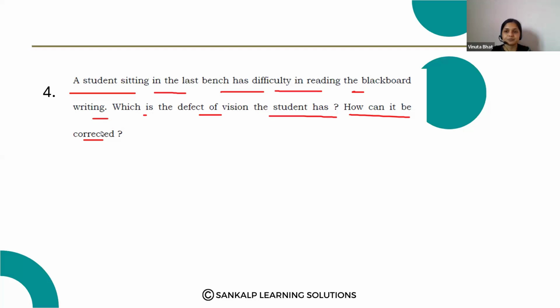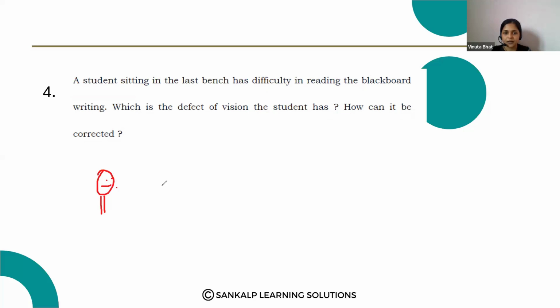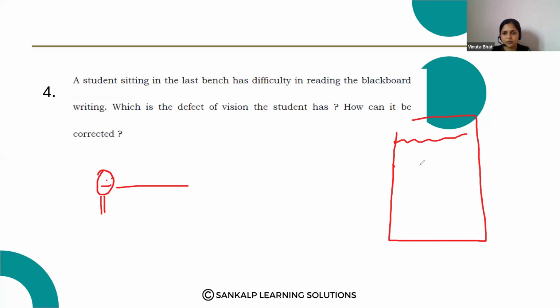Here, just imagine he is the student, and this is the blackboard. Something is written on the blackboard, but he is not able to read what is written on this board.